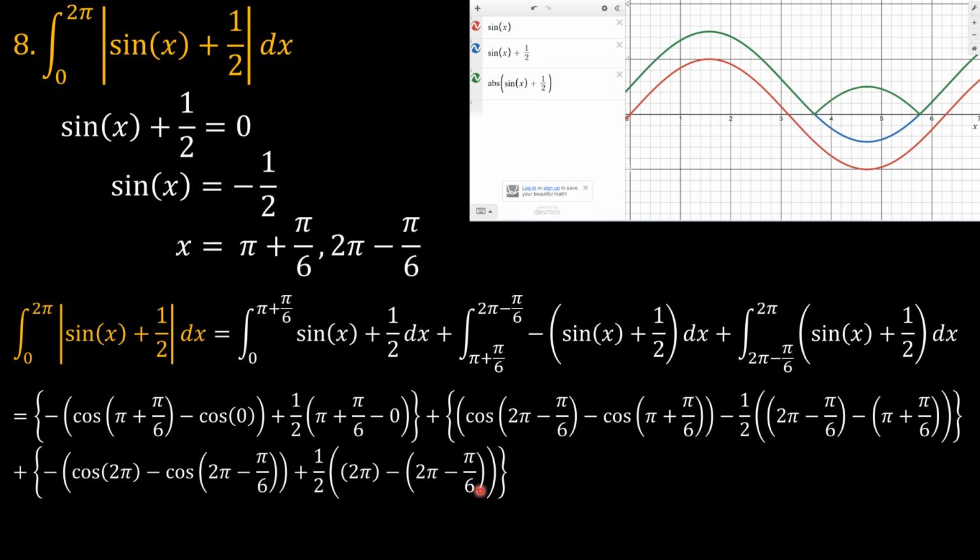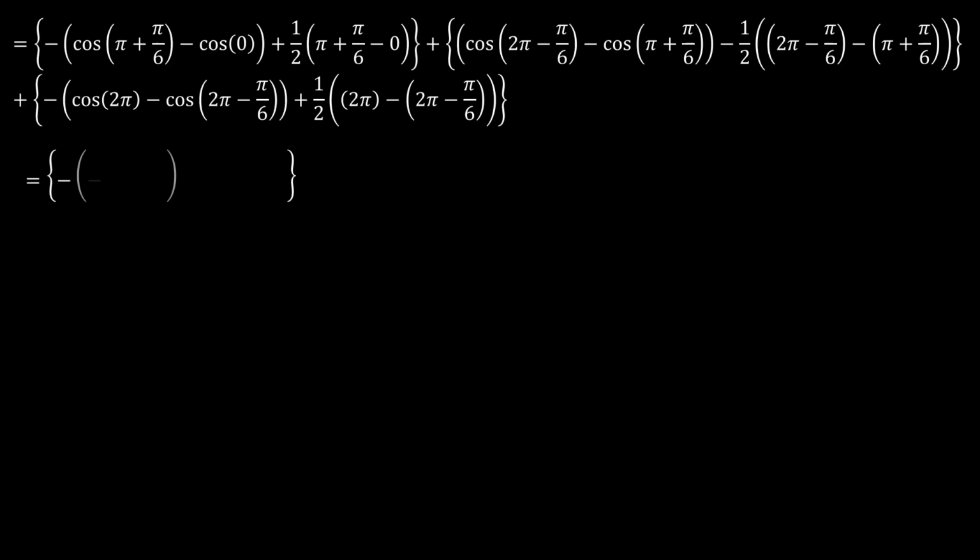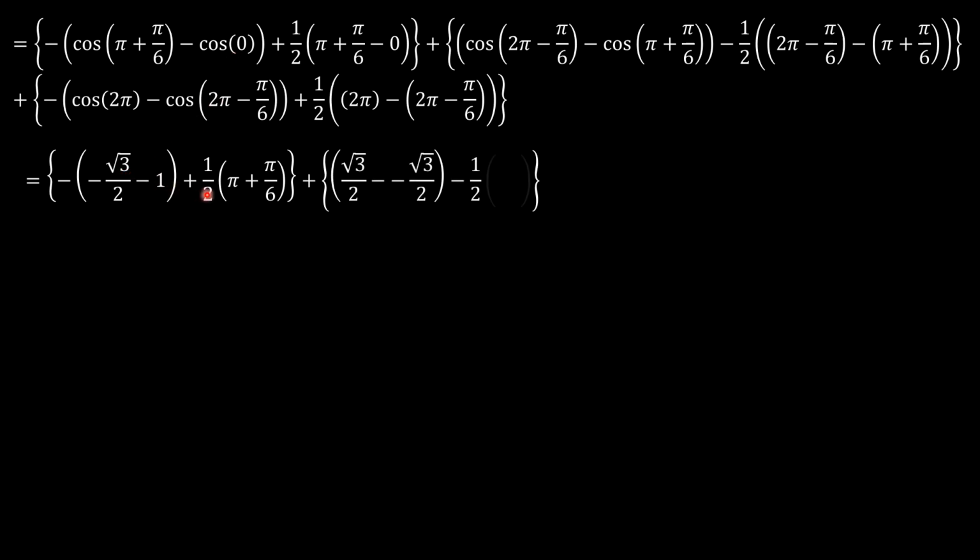So we quickly work out what we had previously. We get negative cosine of pi plus pi over 6, which is negative root 3 over 2, minus cosine of 0, which is going to be minus 1, plus a half of pi plus pi over 6 minus 0.